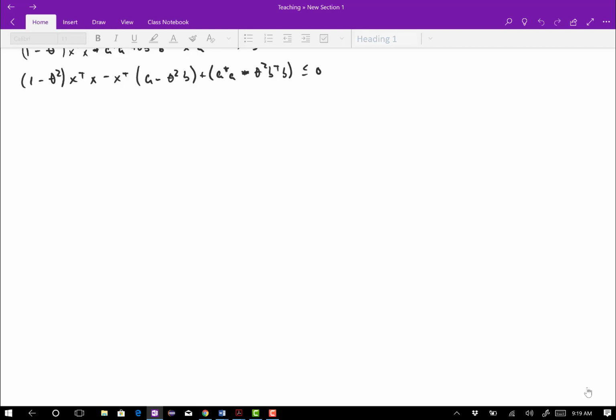Okay, next I would like to look at number 2.19, and I'm going to do part A. So this is linear fractional functions.